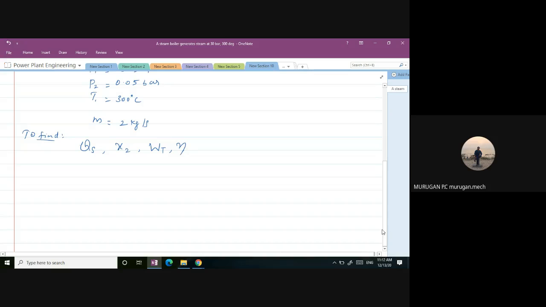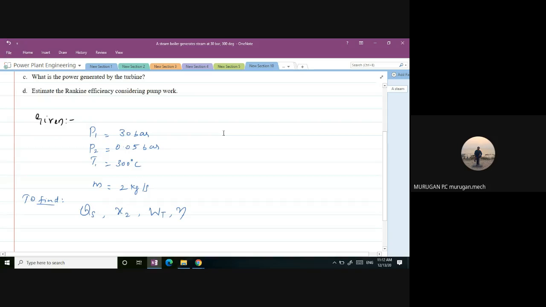Okay, so in this Rankine cycle problem, we have to draw the TS diagram first.